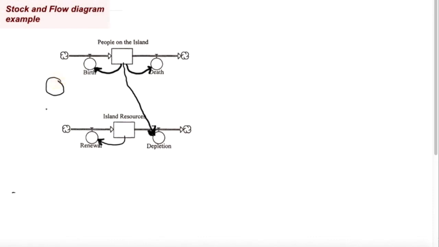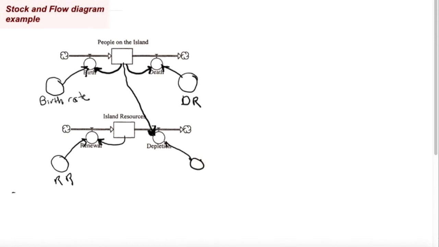So we can have a converter that is called the birth rate. In the same way, we also have another converter here that is the death rate. And these ones will rule these flows, right? Same way, we have the renewal rate here affecting this flow. And in the same way, we have another converter affecting the depletion, which is the depletion rate. Okay?